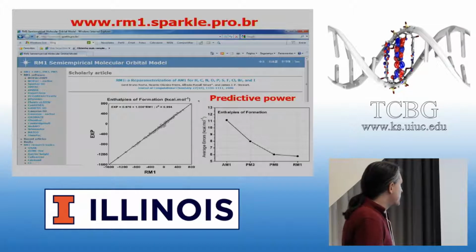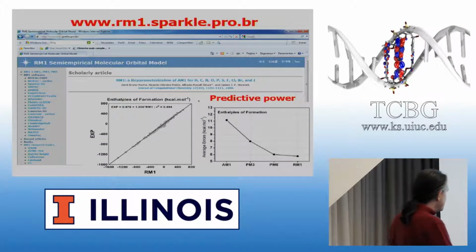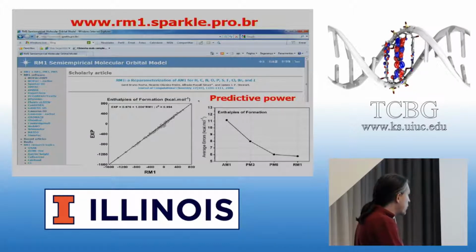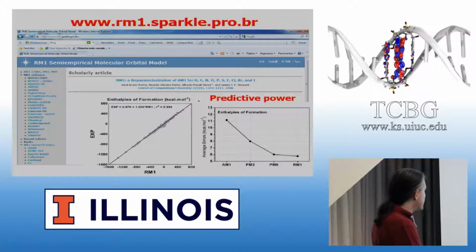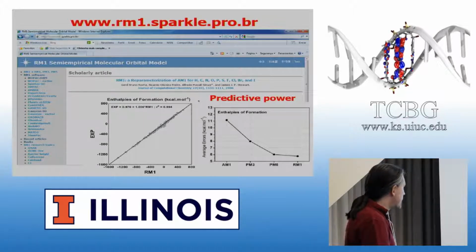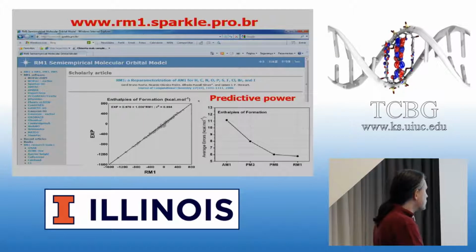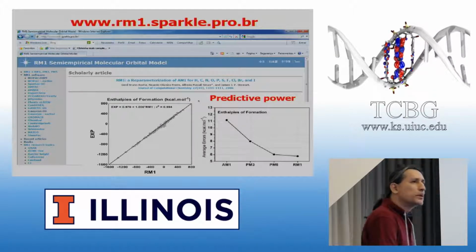If you pay attention to the equation that fits this data, you can find that the angular coefficient is close to 1, the correlation coefficient is close to 1, and the linear coefficient is close to 0.